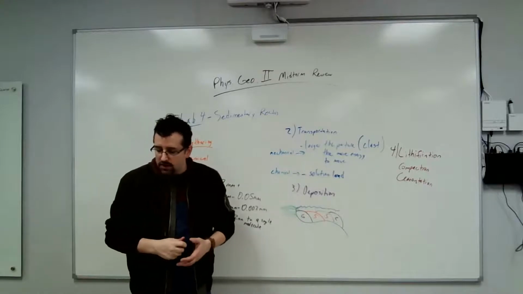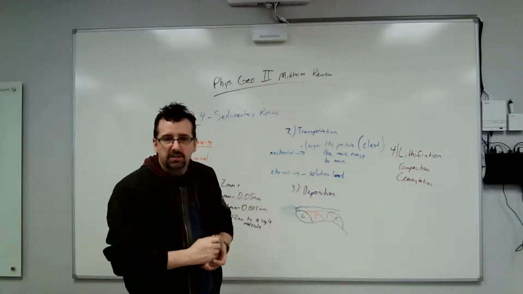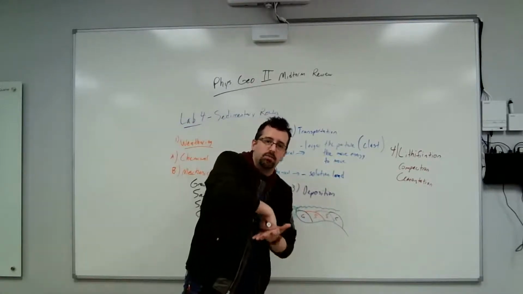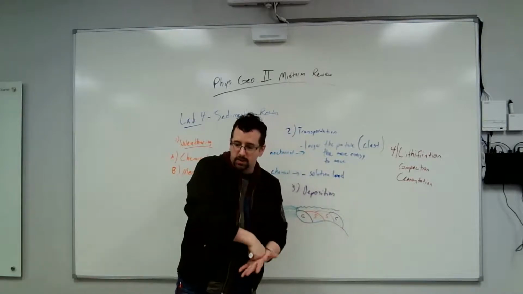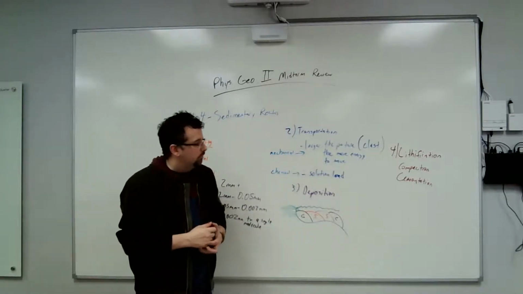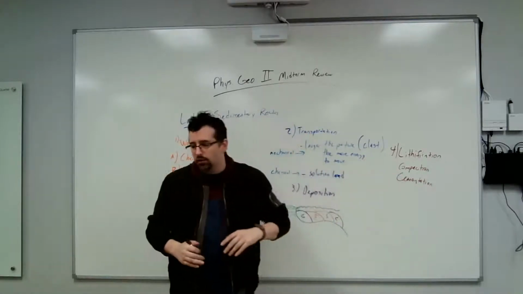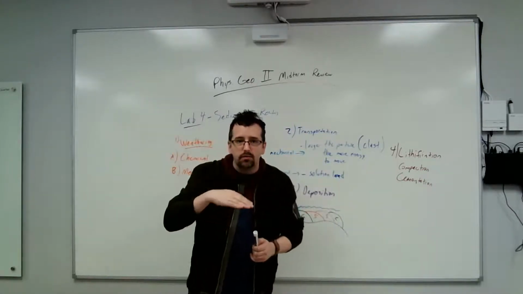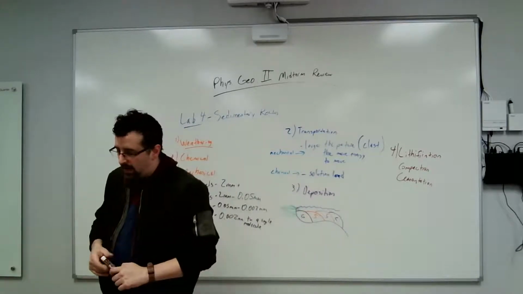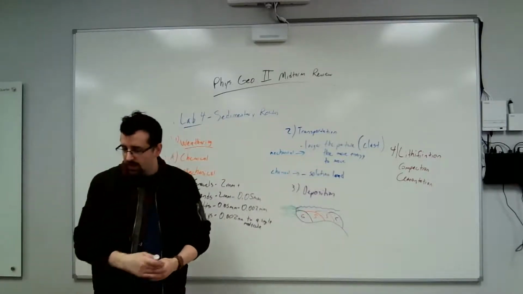Something that is compacted means weight has been applied. Generally, you will be able to tell something that has been compacted. Sometimes it will have lines to it. It may have what are called foliations.